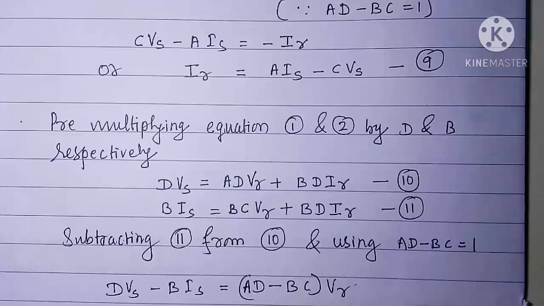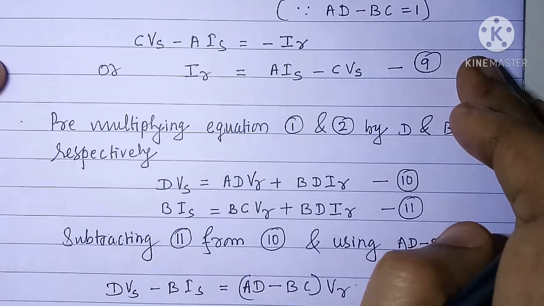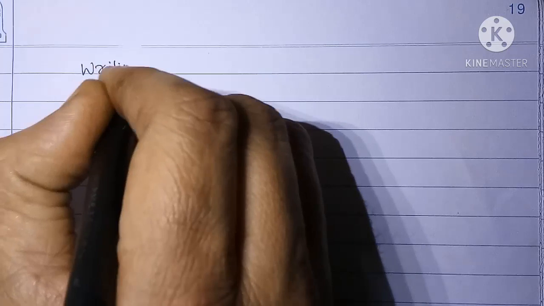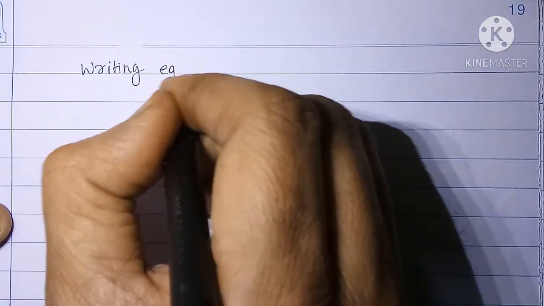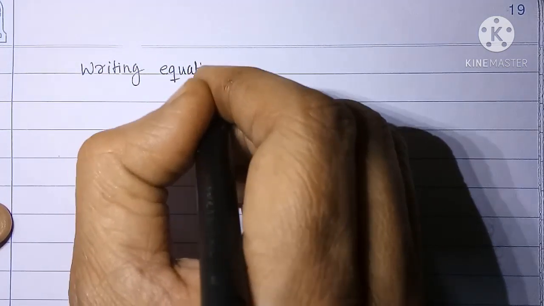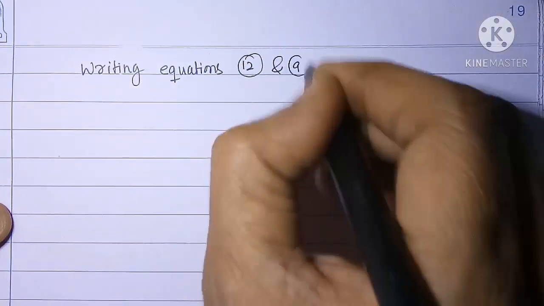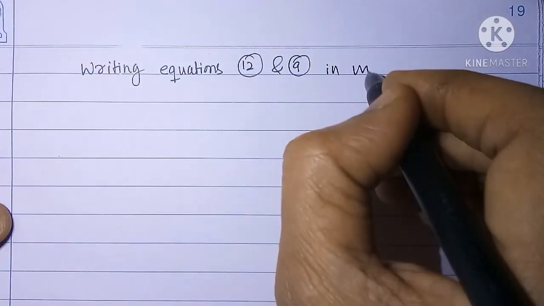Now we will write equation 9 and equation 12 in matrix form. Writing equations 12 and 9 in matrix form.